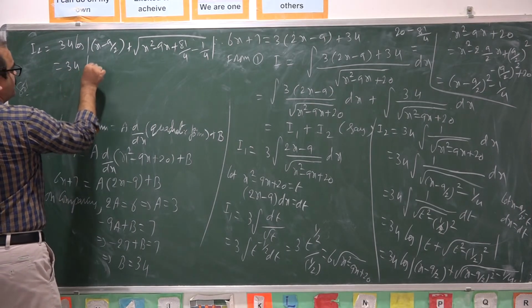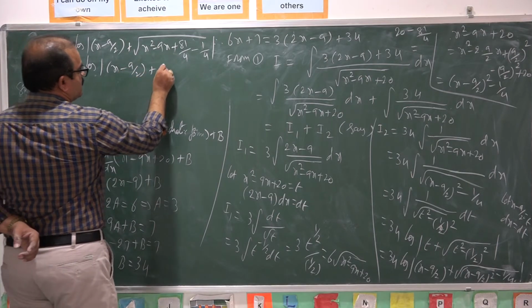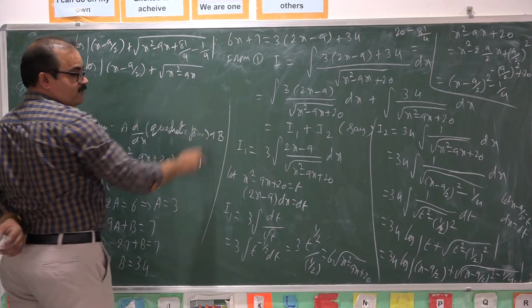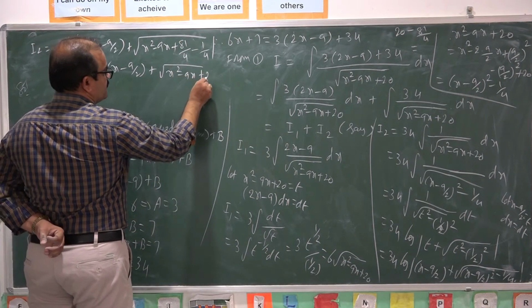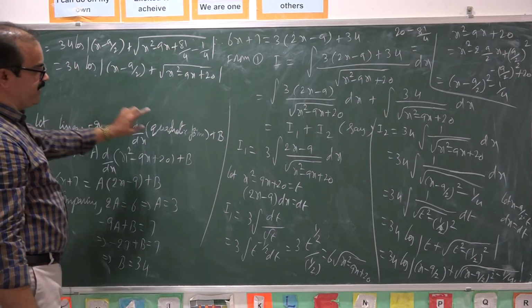So 34 into log of mod x minus 9 by 2 plus root of x square minus 9x, 81 by 4 minus 1 by 4 is 80 by 4, that is 20. This is the value of I2.